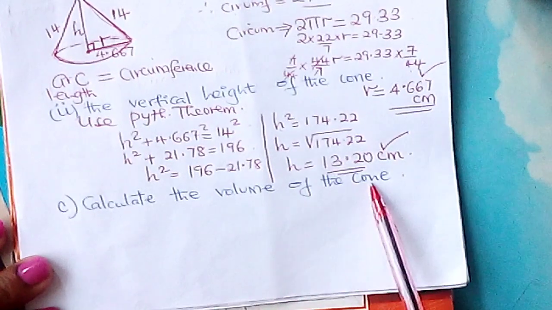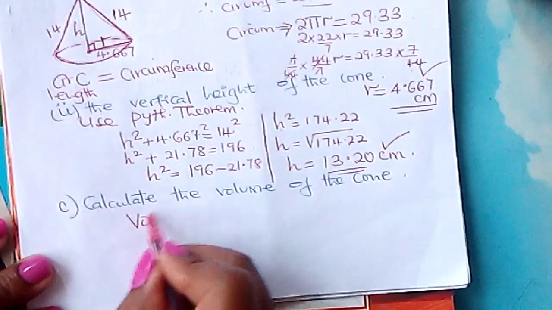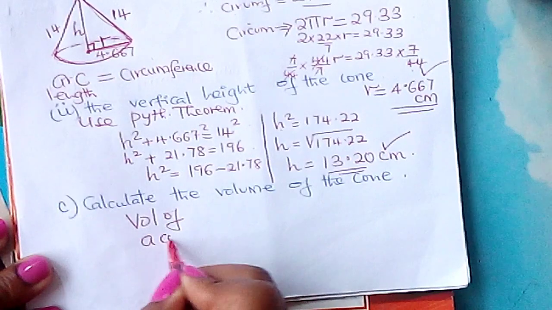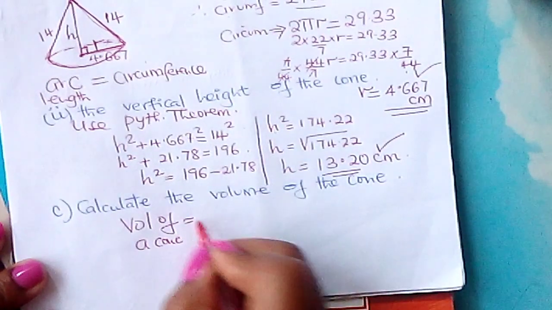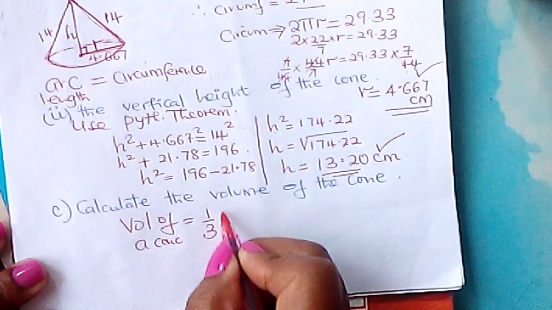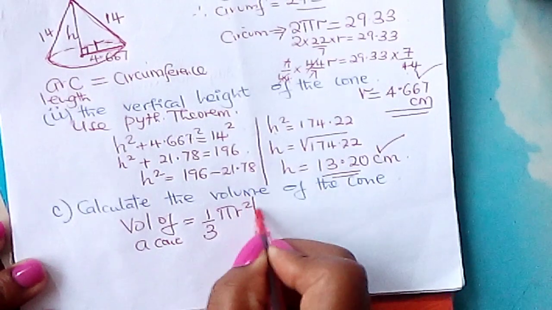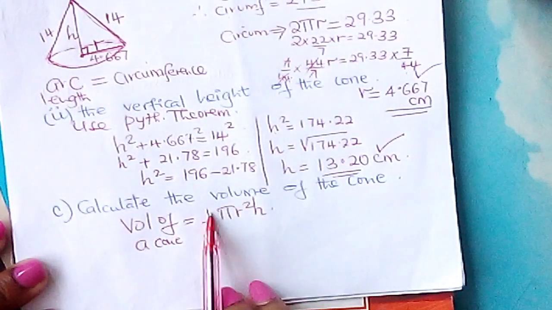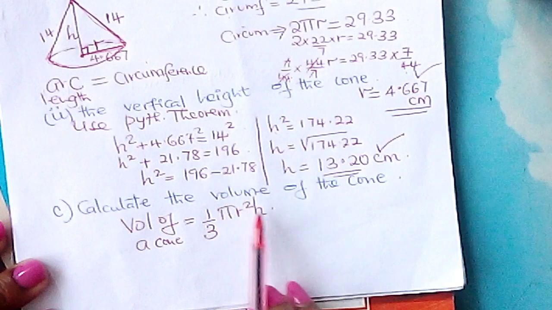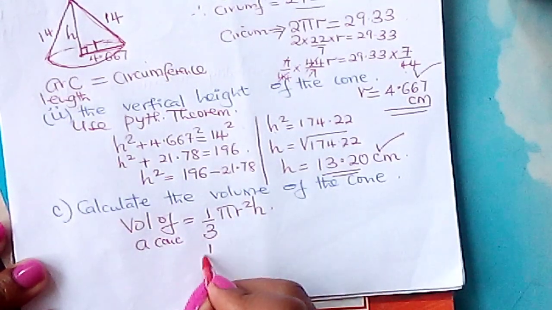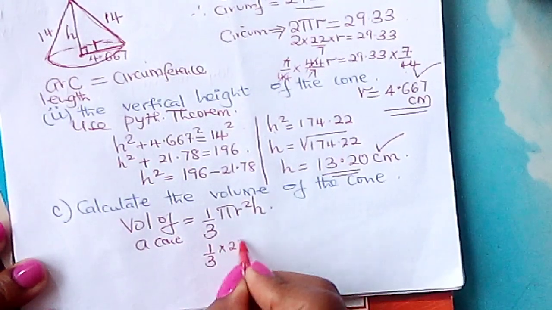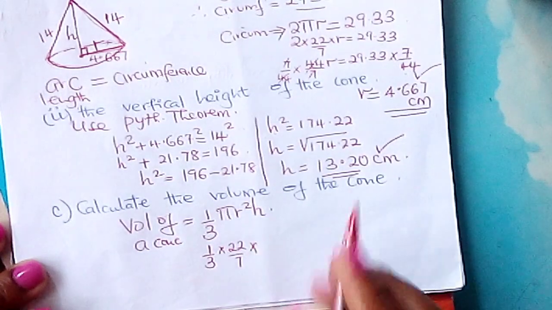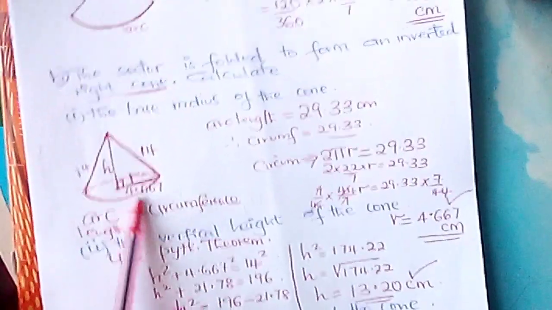Calculate the volume of the cone. Volume of a cone, learner, is given by what formula? A third pi r squared height. Master that. A third pi r squared height. And therefore, this gives you a third times 22/7. Our radius, learner, is what? Our radius is 4.667.